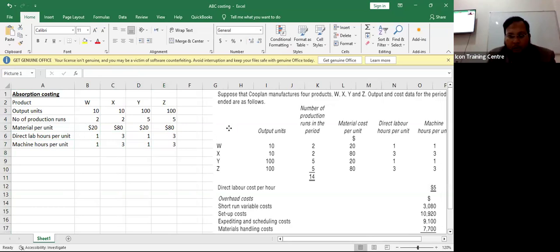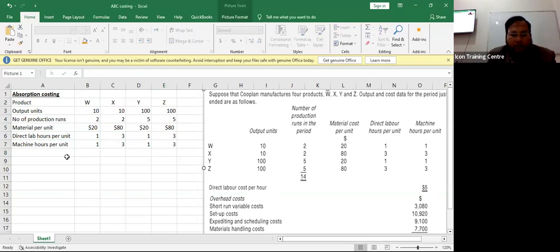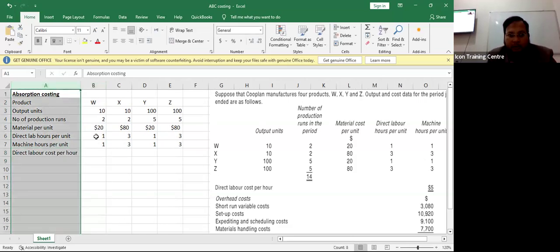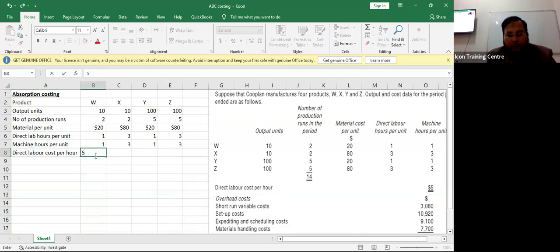Anything complex? No. I can also write here direct labor cost per hour, which is $5.